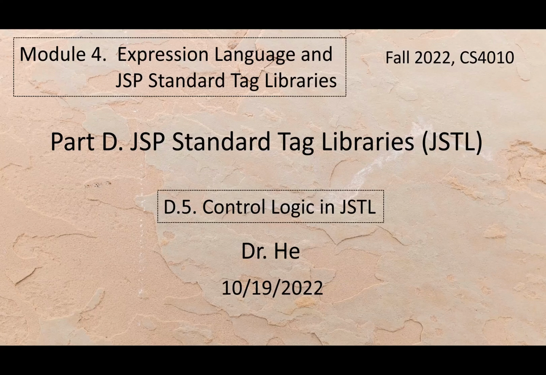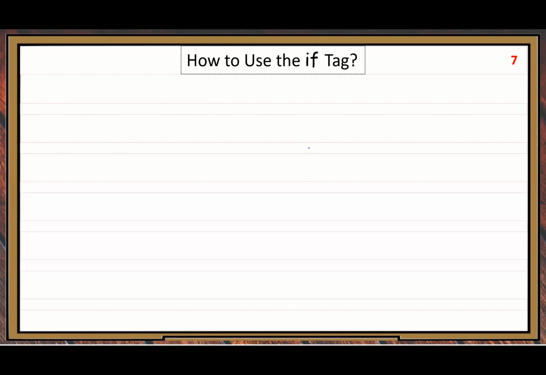All right. So D.5, control logic in JSTL. Now we need to do the if statement. For conditional processing, single if. Here the if case is a little different from our usual if case. Why?